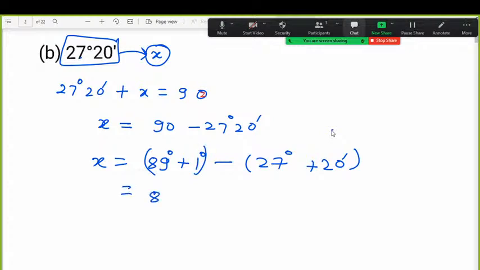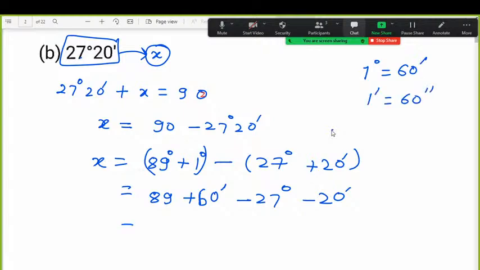Now for 1 degree I can write 60 minutes, and then subtract 27 degrees and 20 minutes. A minute is represented like this: 1 degree is 60 minutes and 1 minute is 60 seconds. Like terms need to be put together.